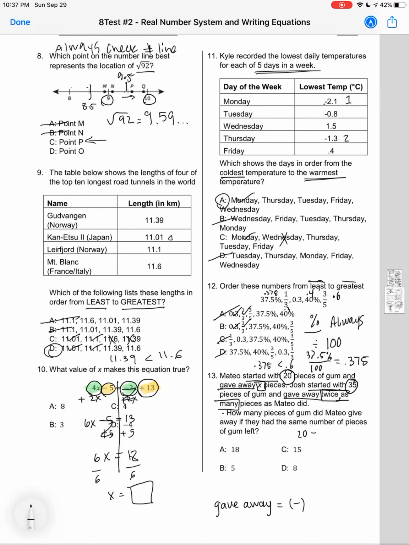So now we have 20, and then he gave away x pieces of gum, and we're looking for the same number, so we have equals 35 minus twice as many. So if Mateo gave away x pieces, twice as many equals 2x.